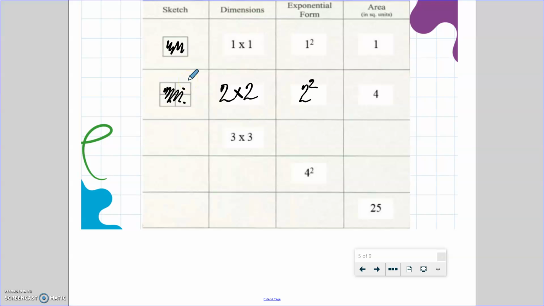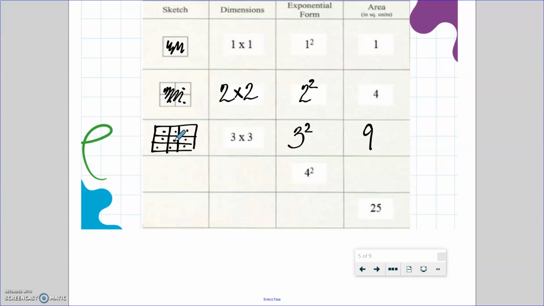Okay? So here I have a 3 by 3. So I'm going to go ahead and draw my square. And I'm going to draw a 3 by 3. So in exponential form, that'll be 3 squared. And 3 squared is 9. So the area of this square is 9. And you can double check because you can count each square. 1, 2, 3, 4, 5, 6, 7, 8, 9. Okay.